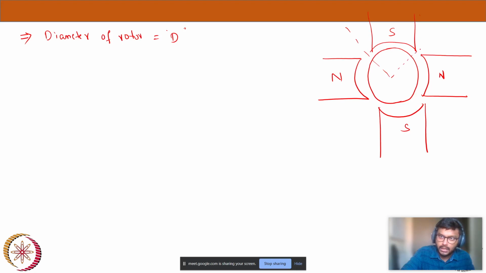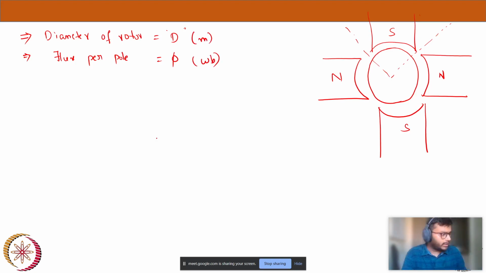I'm just taking a single conductor under the influence of any one pole, and we will see how much the flux per pole is. The units will be: diameter in meters, and flux per pole in Webers.